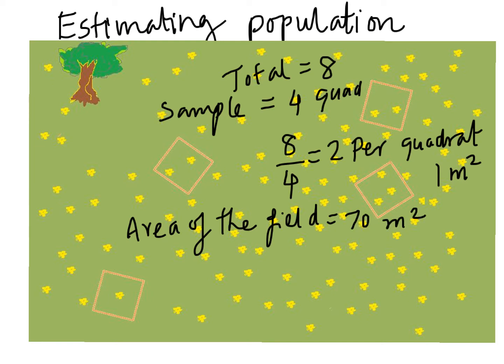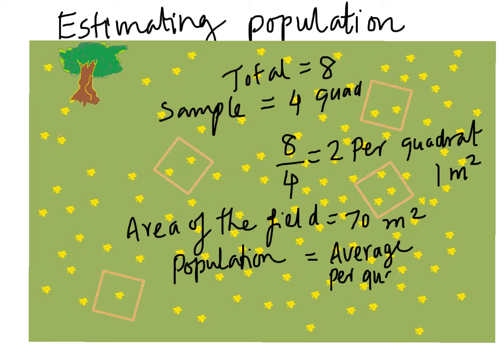So now if you multiply the average number by the total area of the field, you get the estimate of the population. So the population, in this case of daffodil plants, equals the average per square meter or per quadrat times the area of the field.